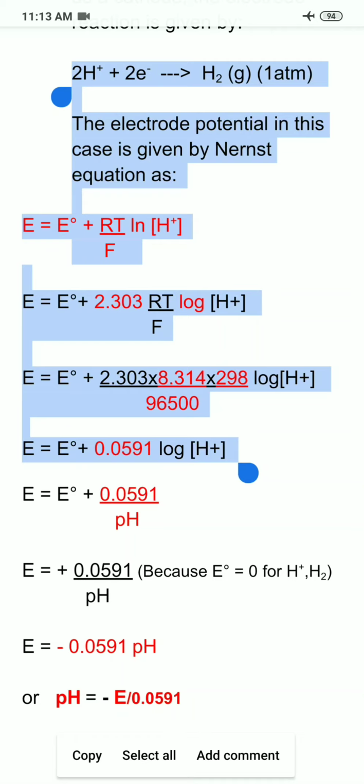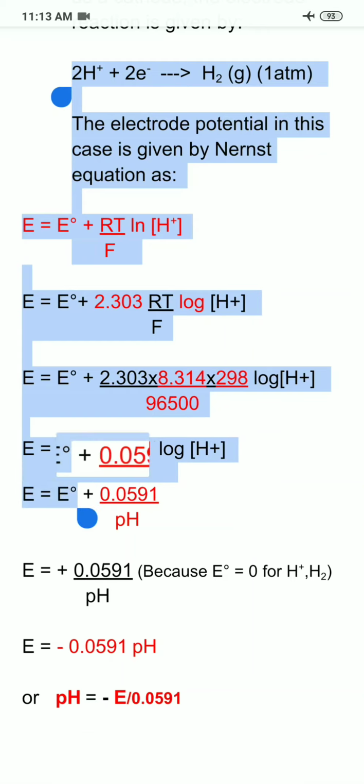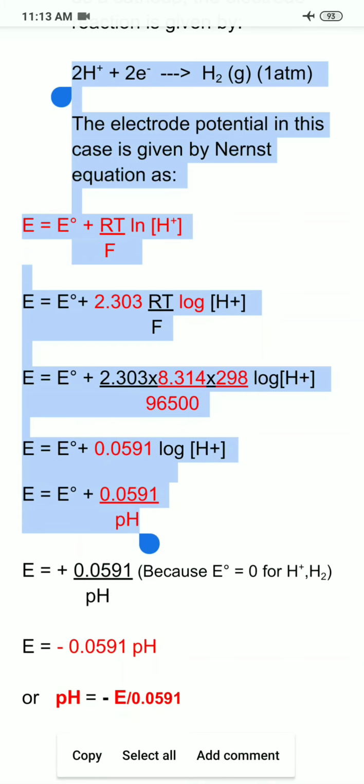Now in this equation, we know that negative log of hydrogen ion concentration is equal to pH, but as log H concentration is present in the numerator, so I can write that 1 upon log H is equal to pH. So if log H positive concentration is in the numerator, then I can write pH in the denominator. So I will get E is equal to E naught plus 0.0591 upon pH.